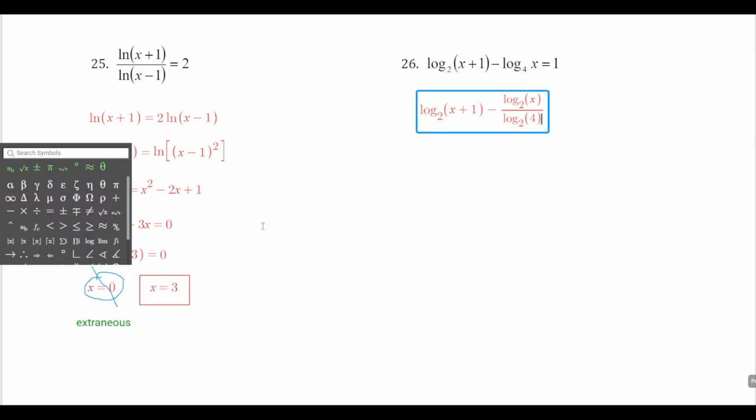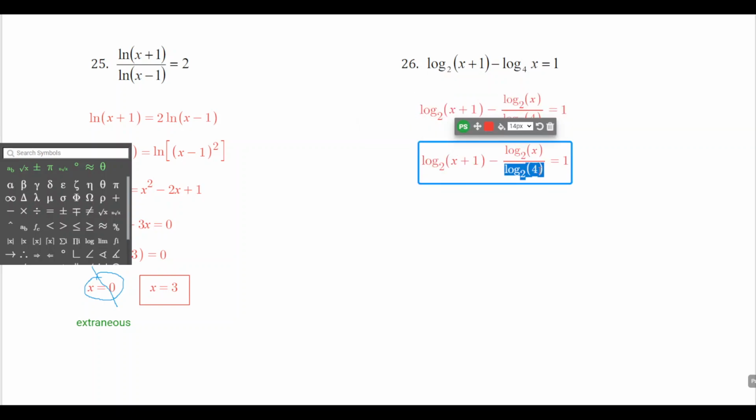Now, I'm allowed to do this. What I'm doing here is using the change of base formula. If you want a little bit more information about that, check out the lecture video where I go into more detail. Using the change of base formula, I can rewrite this as log base 2. Now notice I've got log base 2 of 4. Now 2 to what power is 4? Well, that's just 2. So this number down here is now just a 2.